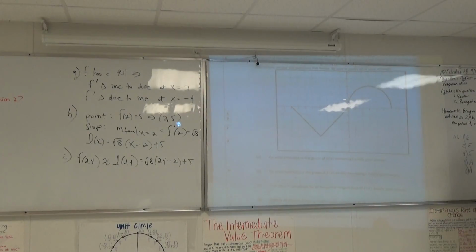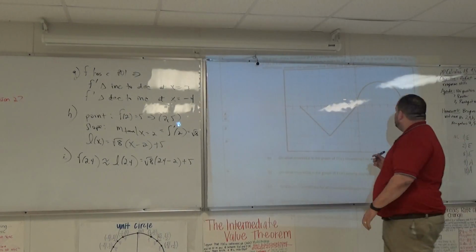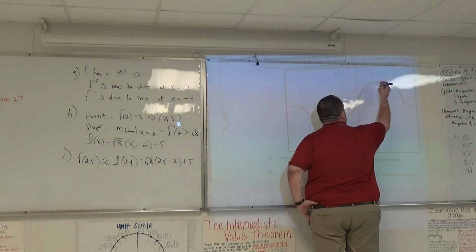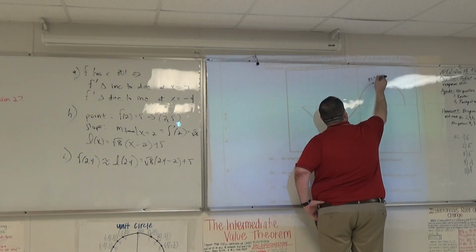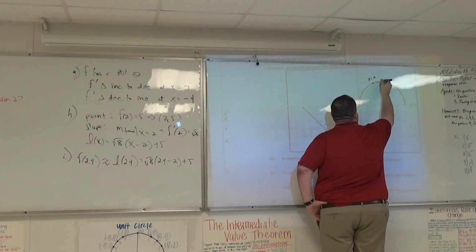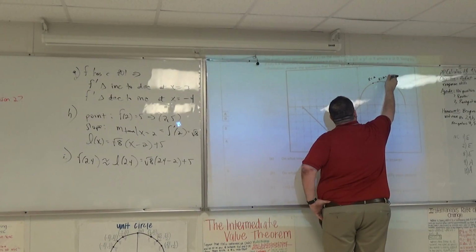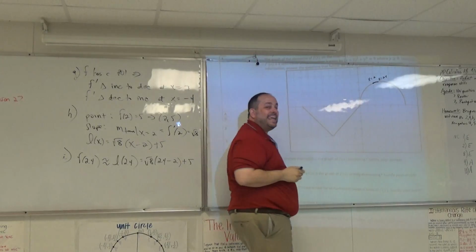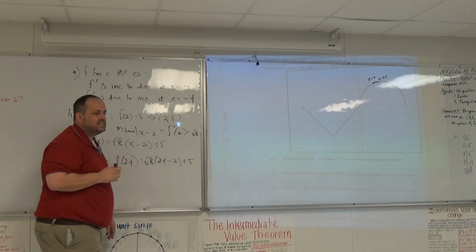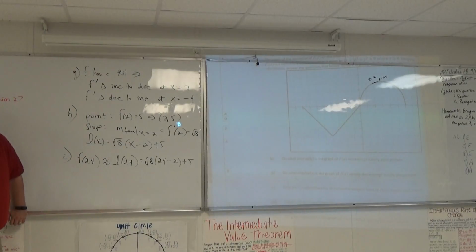So here's how it works. You need to be able to tell me about the graph of F on this interval. X equals 2 to the point that we're approximating, x equals 2.4. Does anybody know anything about the concavity of F on this interval? I'm asking you about concavity of F. What you see is the graph of F prime.